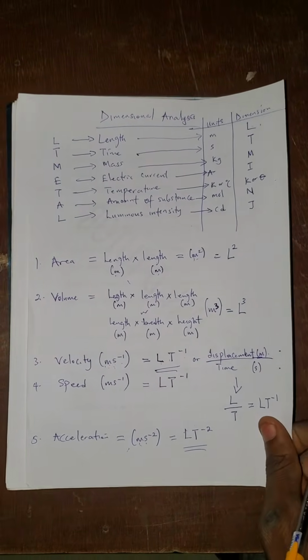So the best method you can use very fast is the unit, for those that know the unit very well. But if the quantities are very complex, then you should use the formula. Now, number 6 now.